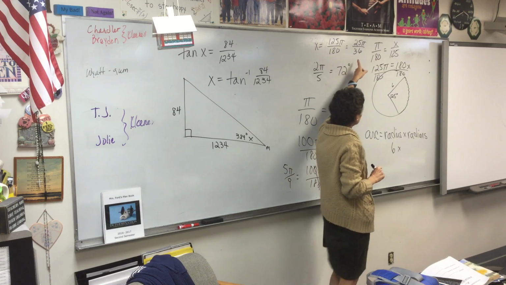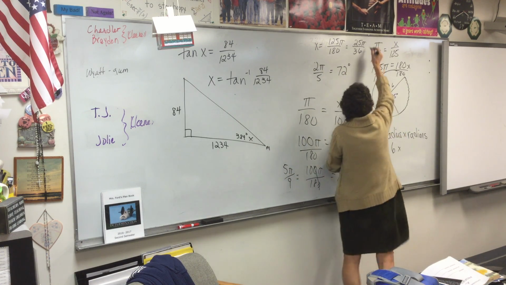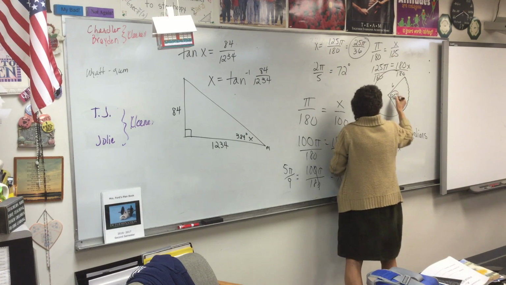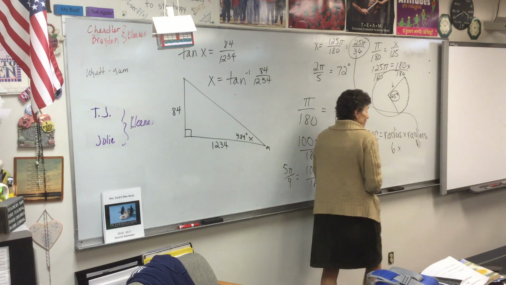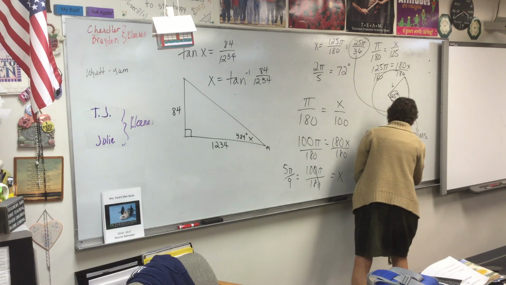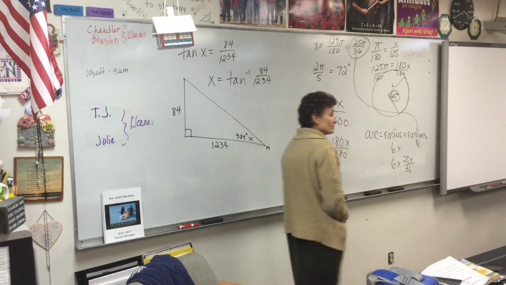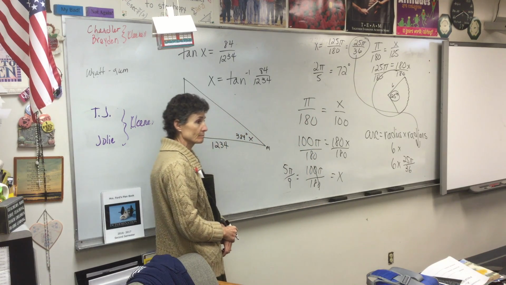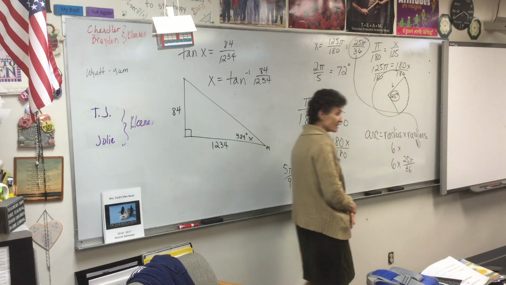Is that what I should put a circle around or put in the answer blank? No. Remember, that is this. So I need to plug this into my formula. So 6 times 25 pi over 36. Radius times radians.